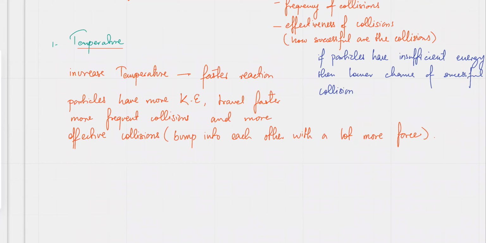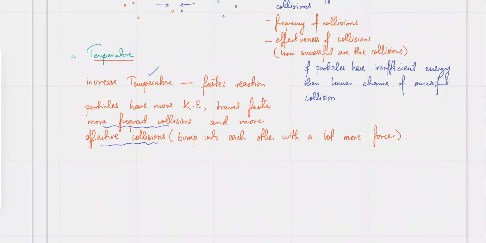So you get more frequent collisions. Plus, at the same time, you also get more effective collisions as well. Okay, so that is the effect of temperature, which is why the reaction usually speeds up. Okay, is this clear, everyone? Hamza, is this clear? Yes, sir. Okay.